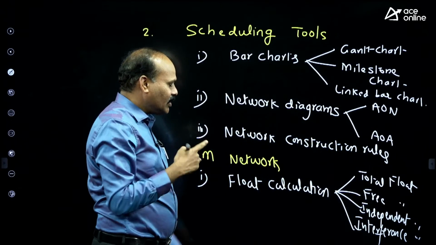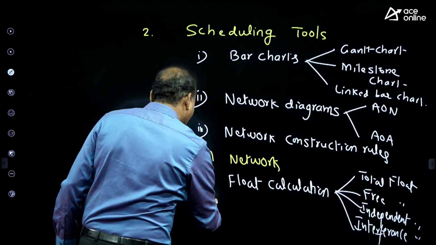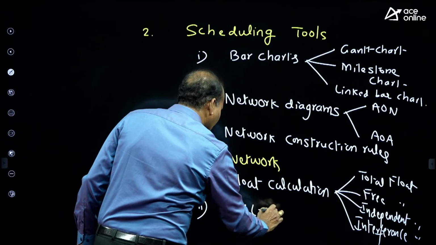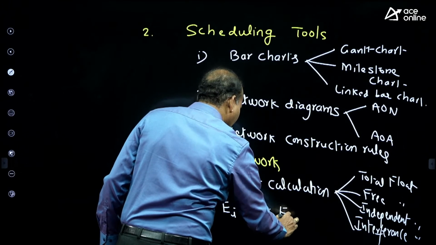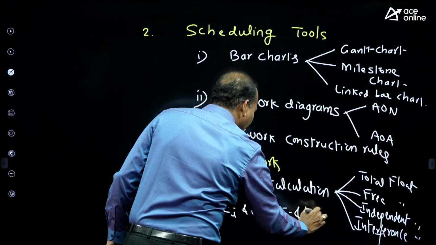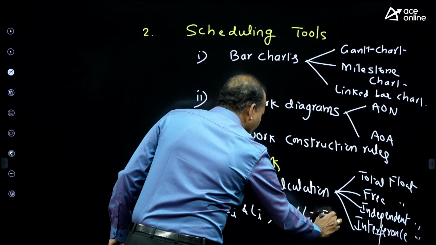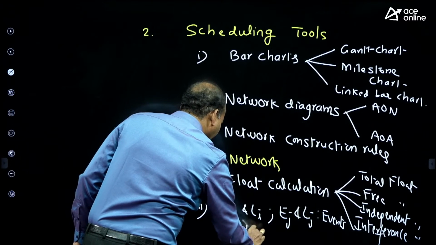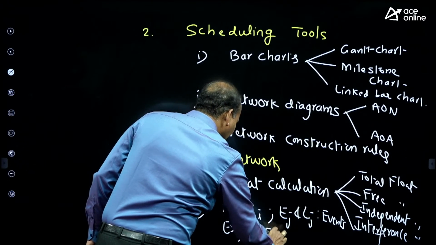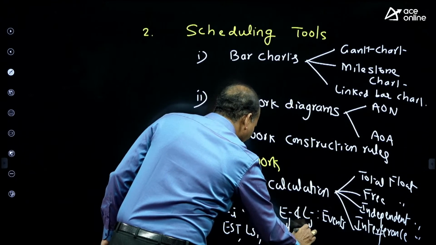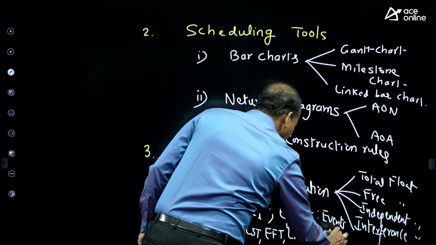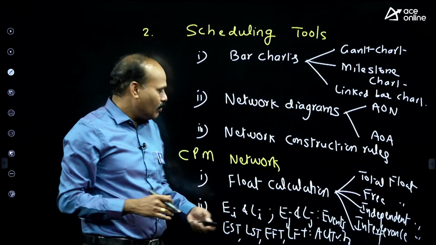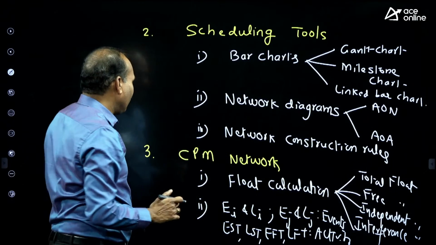Float calculation questions generally come, and sometimes the question could be earliest values for events, and earliest start time, latest start time, earliest finish time, latest finish time for activity. Then how do we estimate earliest values and latest values? Such kind of questions we get under CPM network.